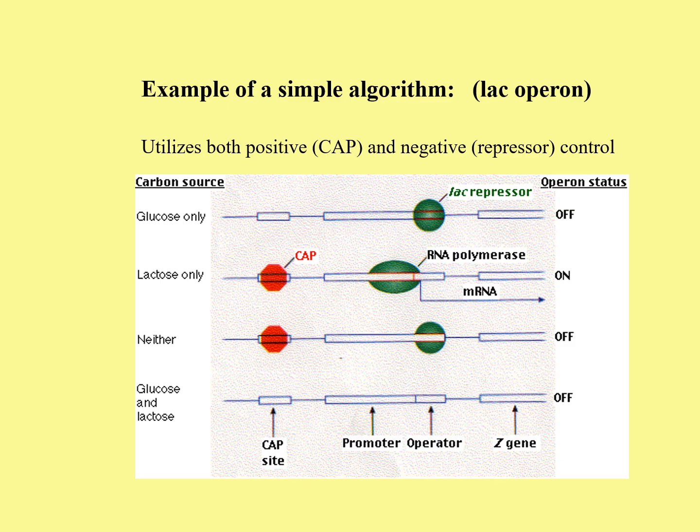The red circle is a protein called CAP. When it binds to another location on the DNA strand, it enables RNA polymerase to bind and transcribe the genes. This is positive regulation. RNA polymerase doesn't transcribe well without the help of CAP.